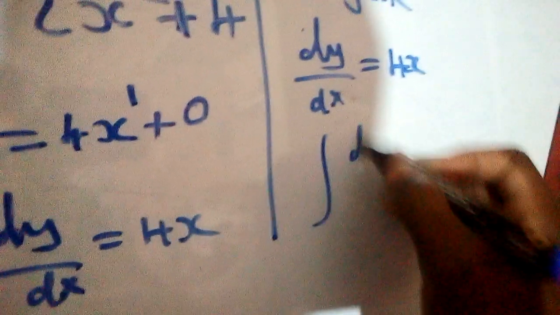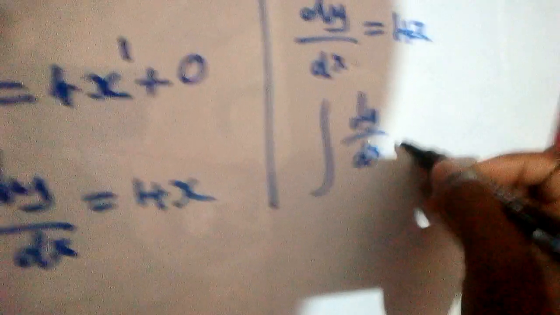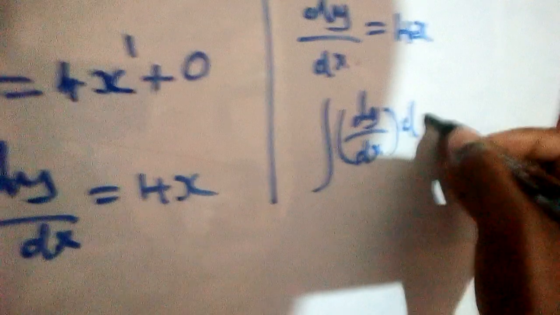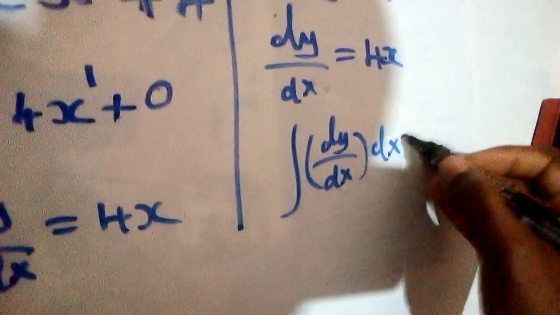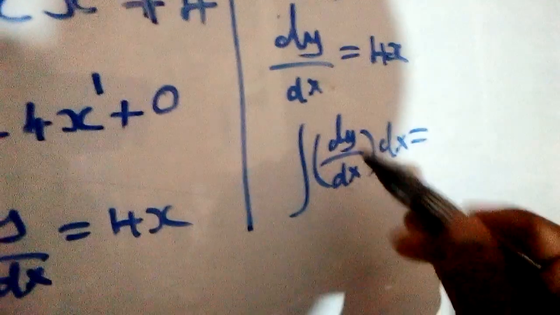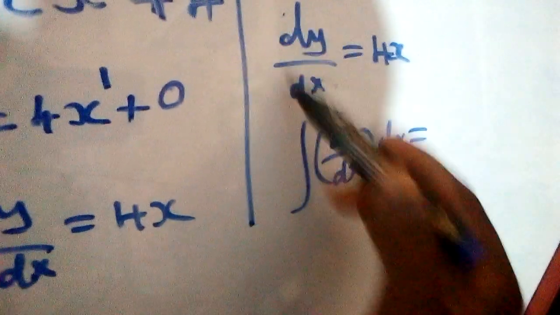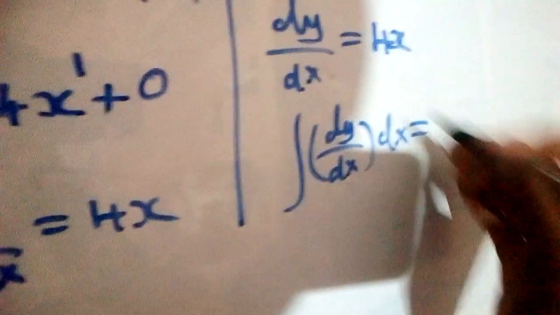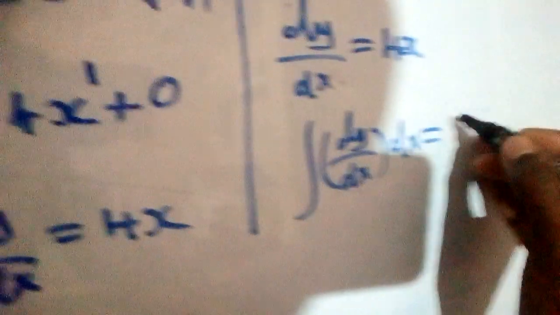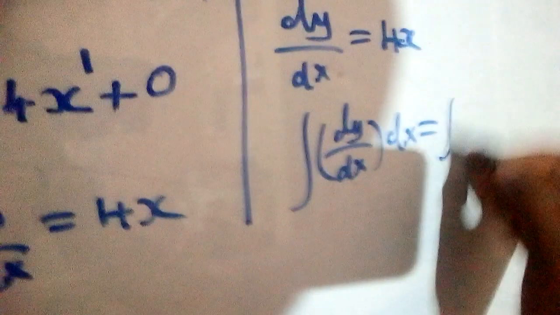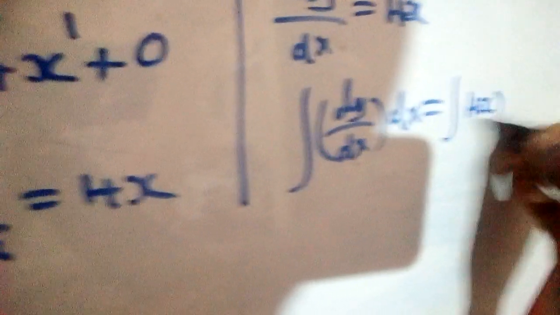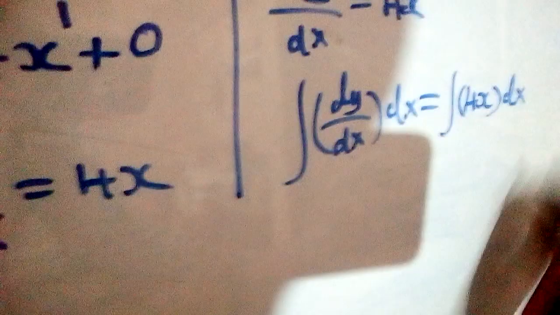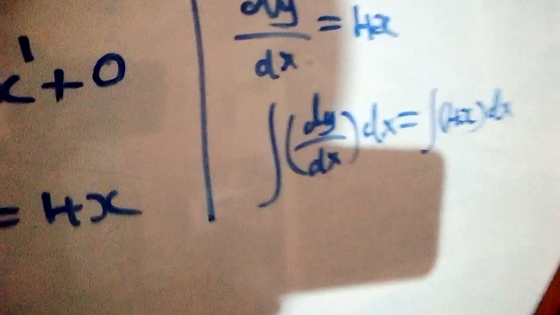So integrate dy/dx with respect to x, you write dx, and this will equal the integral of the gradient notation and also the function itself, 4x. So we're going to integrate this, that's the integral of 4x, then dx. Take note, very important.